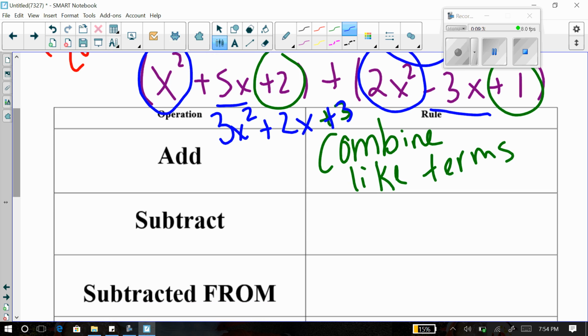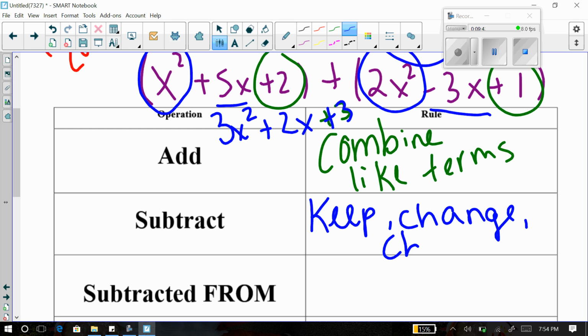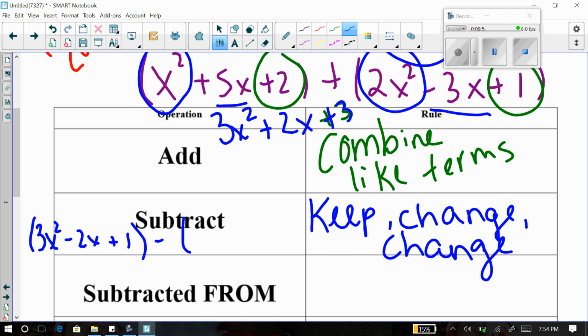When we subtract polynomials, we do keep, change, change. Okay? So what that means is, say I want to subtract these two polynomials. 3x squared minus 2x plus 1 minus, let's do 2x squared minus 4x plus 2.